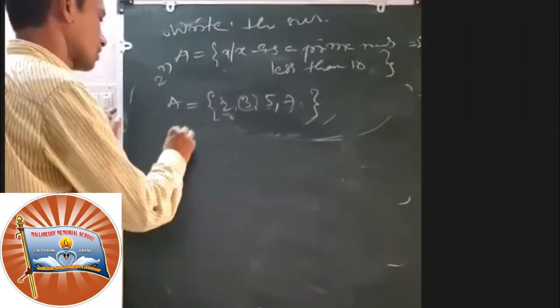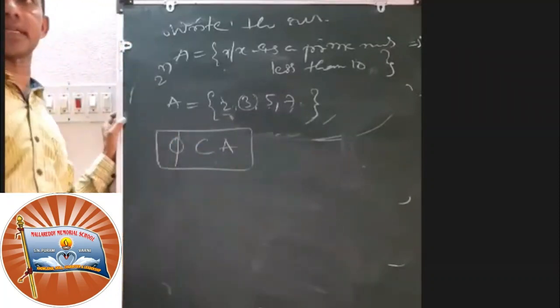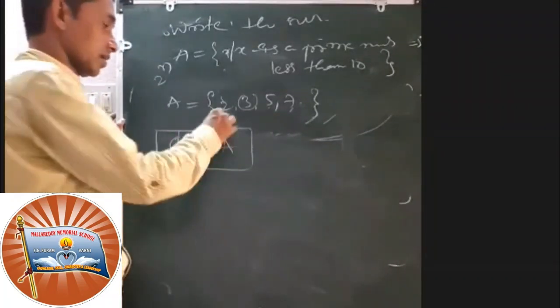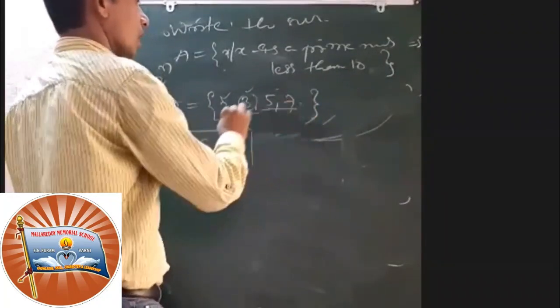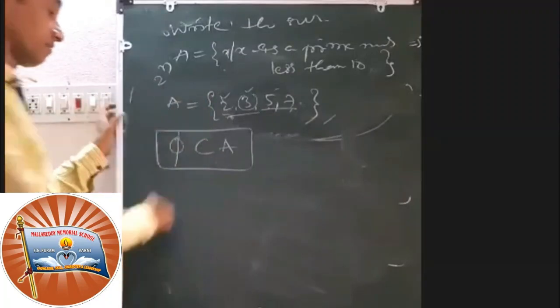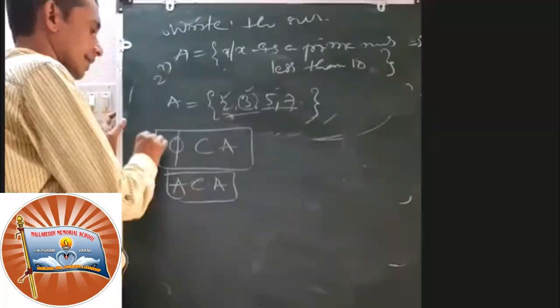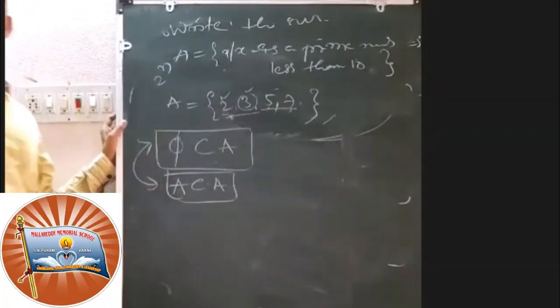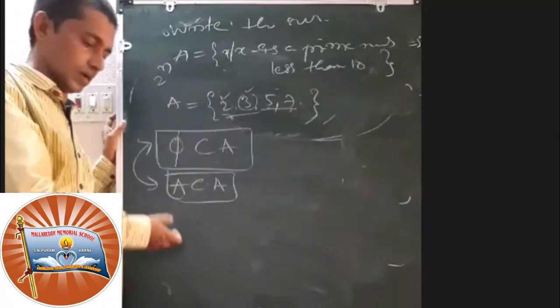You should remember the null set is a subset of every set. Then you have to write the single-element sets, then 2 and 3, and again combinations. And every set is itself a subset. Keeping this in mind, you have to write all the subsets. These kinds of questions you may come across.